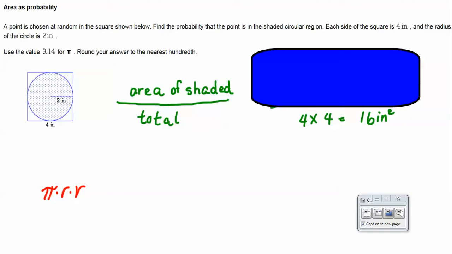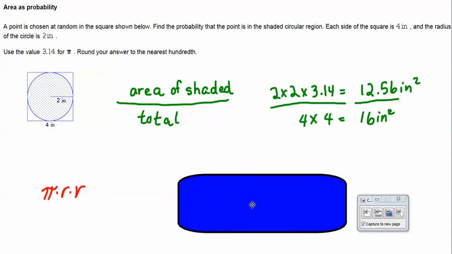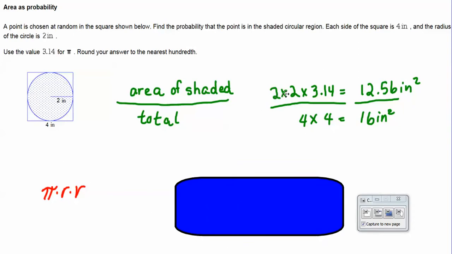So moving aside my little block here, I've got my radius 2 squared times pi, 3.14. I've already done the calculations for this, and it's 12.56 square inches.